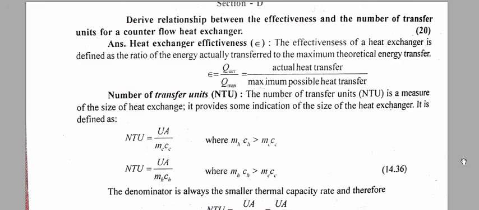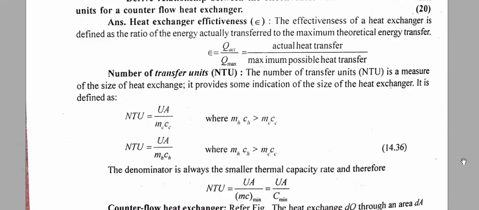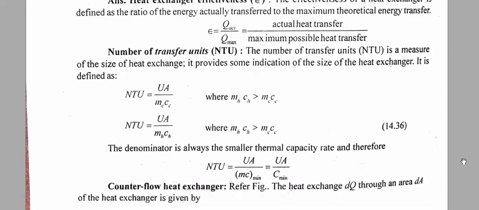It is defined as NTU is equal to UA by mc Cc, where mH Ch is greater than mc Cc; otherwise NTU is UA by mH Ch. The denominator is always the smaller thermal capacity rate, therefore NTU is equal to UA by mC minimum, which is equal to UA by C minimum.